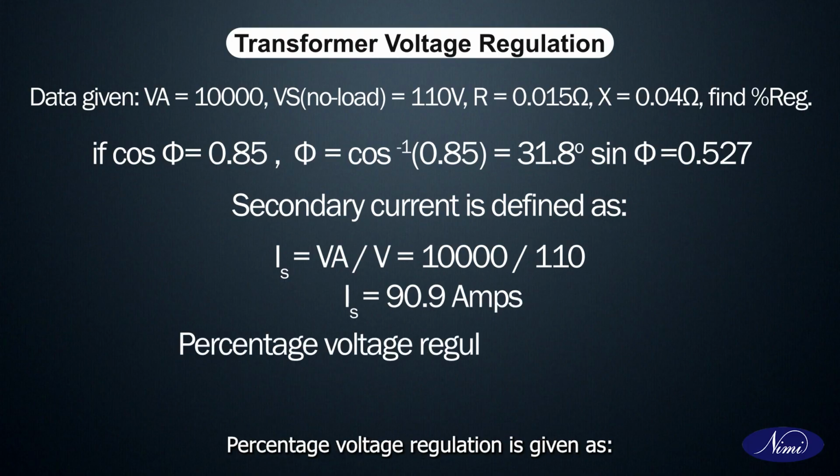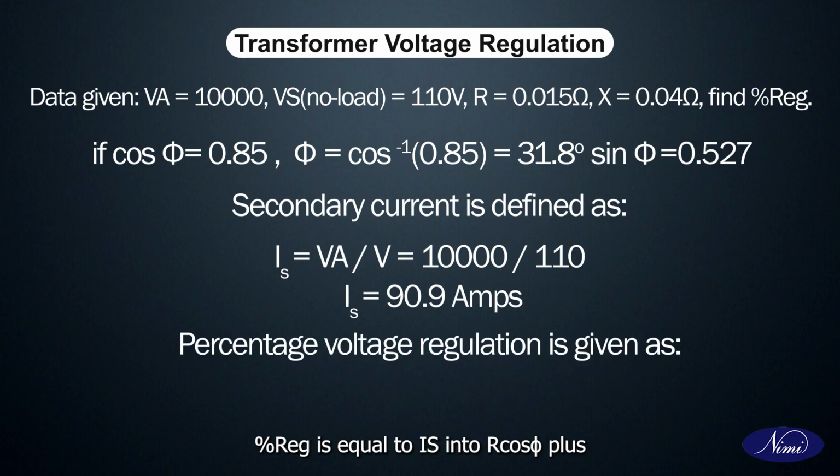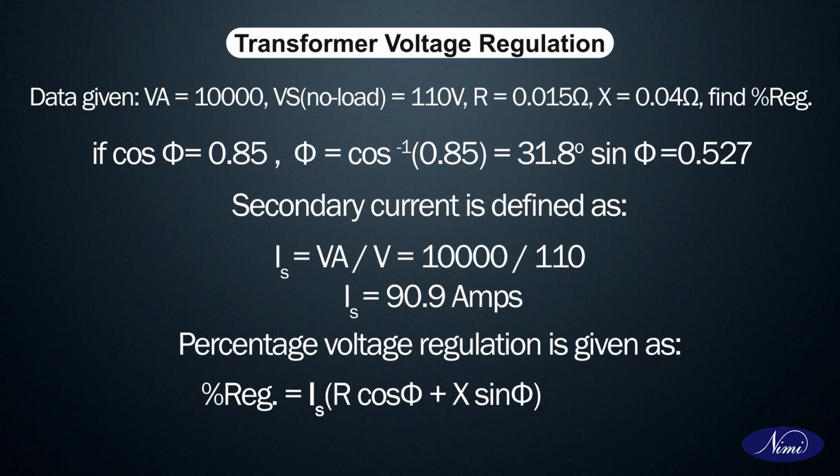Percentage voltage regulation is given as percentage regulation is equal to Is into R cos phi plus X sin phi divided by Vs no load into 100%.